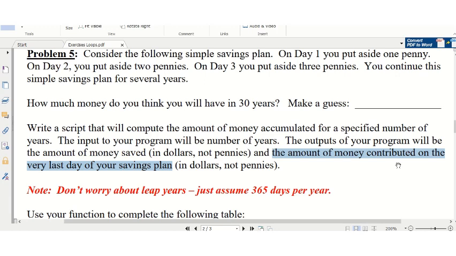On the second day, how much amount you are putting? Only 2 pennies. And in a similar way, let's take 3 days, 1 plus 2 plus 3. On the last day, how many pennies you are investing? 3 pennies. So that will be the amount of money contributed on the very last day of your savings plan. So it will be 3 now. The accumulated amount will be 1 plus 2 plus 3. It will be 6.